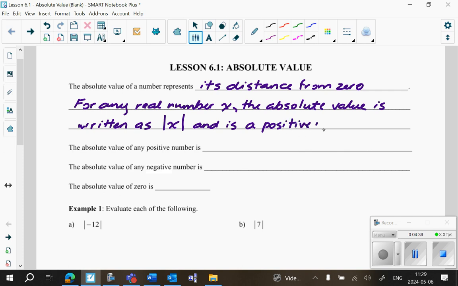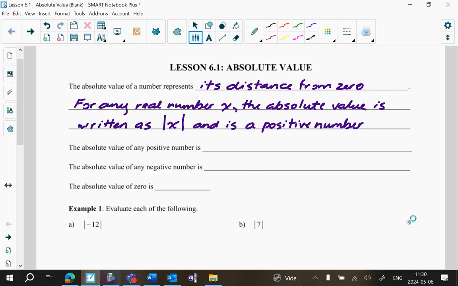Like how far is 0 from 0? It's 0. That's neither positive nor negative. So if we want to know the distance between two things and we're not concerned about direction, we would use absolute value.